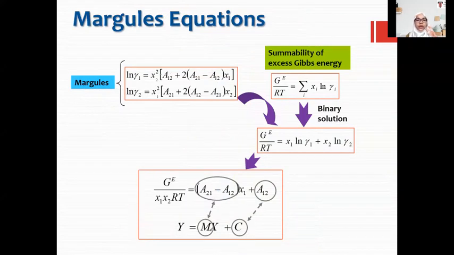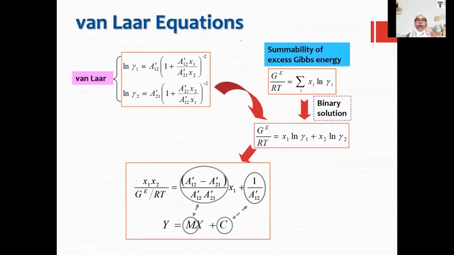Detail about the Margules equation: for the one parameter, we can replace it based on the summability of the excess Gibbs energy. Finally we can obtain the unknown constants A12 and A21 using the linear equation. For Van Laar, you can compare it based on the summability of the excess Gibbs energy in a binary solution.